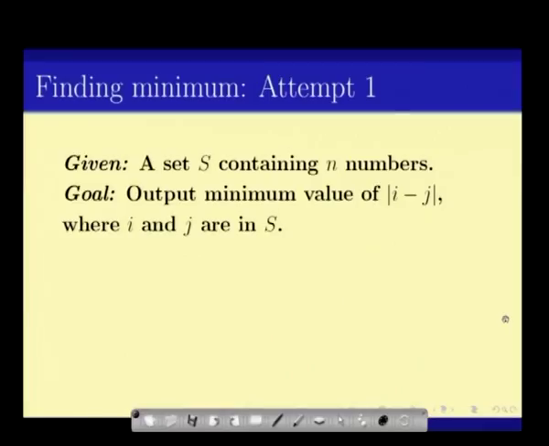So, let us see what one can do. Here is the first attempt, very similar to the case of finding the minimum in a set of n elements.